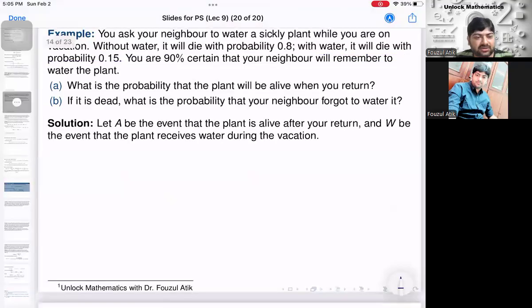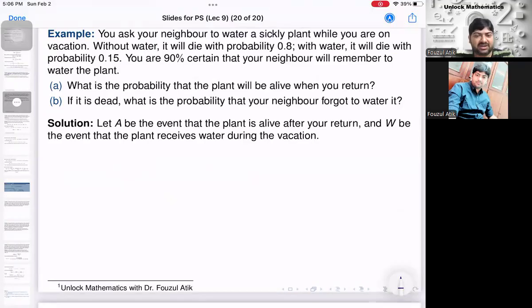Now let us denote the events by some names. Let A be the event that the plant is alive after your return, and let W be the event that the plant received water during the vacation. So A is an event whose probability depends on whether it will get some water or not, right?